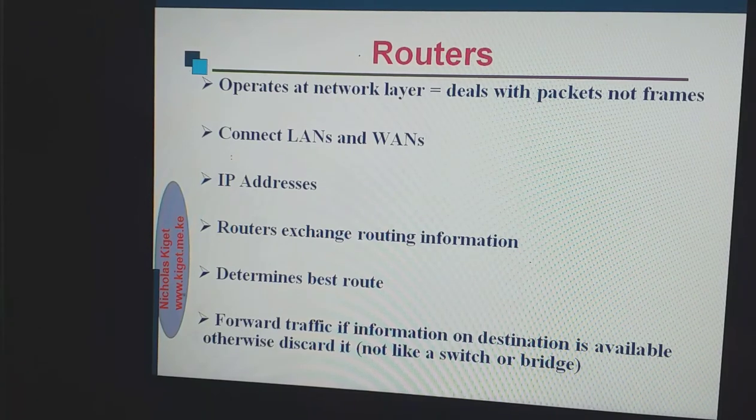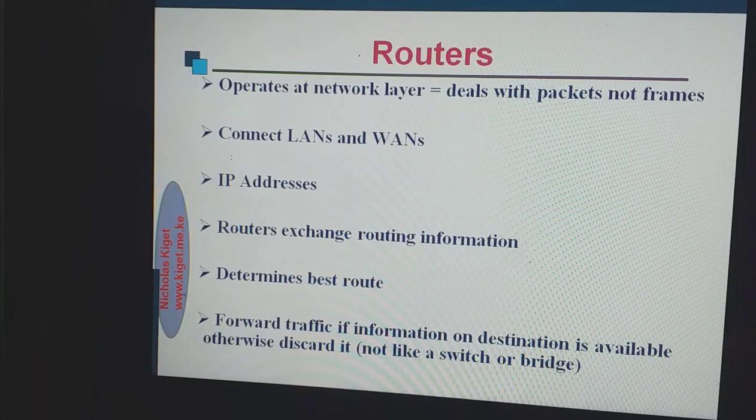Routers exchange routing information through different protocols which use different algorithms. Using those algorithms, they can determine the best route on which to pass the packets. They forward traffic if information on the destination is available.